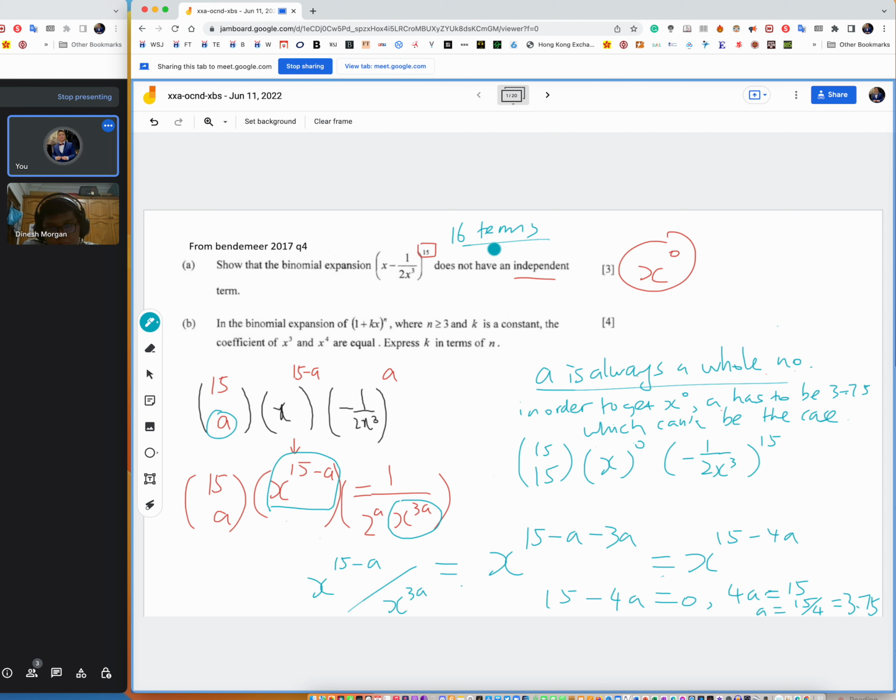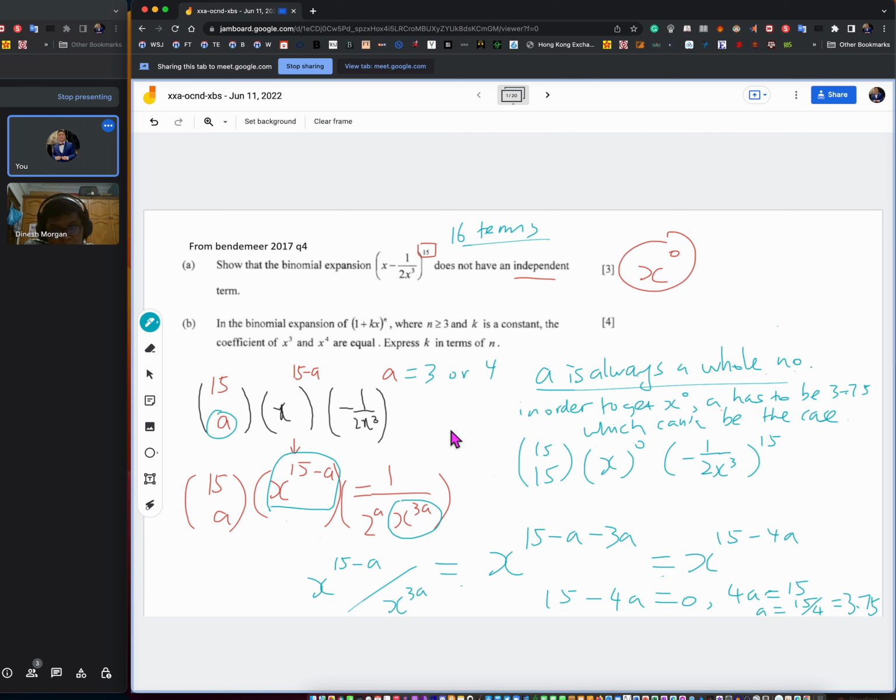I don't even know what the smallest power for x is in this case. But with this answer, a is equal to 3.75, I can test a equals 3 or a equals 4 to get the smallest power for x. Understand?